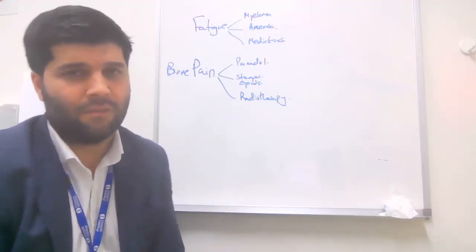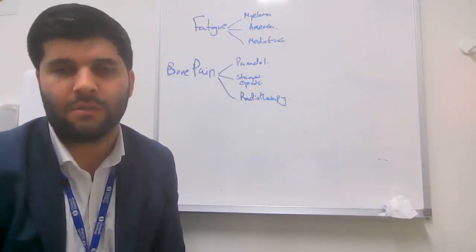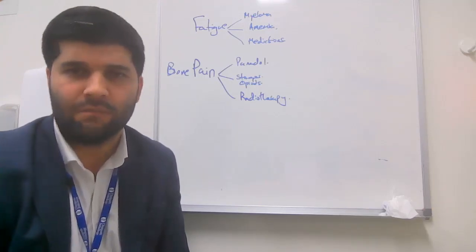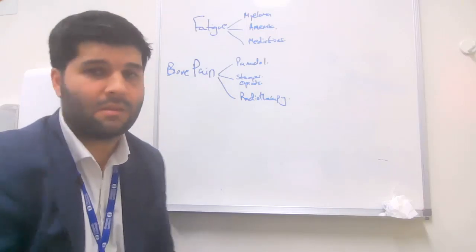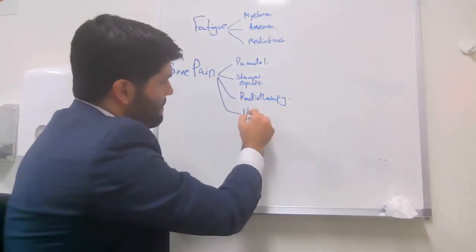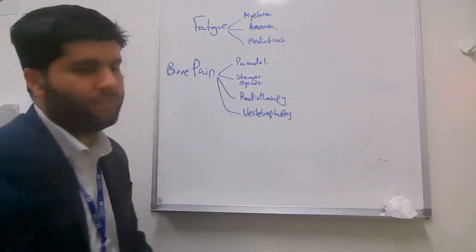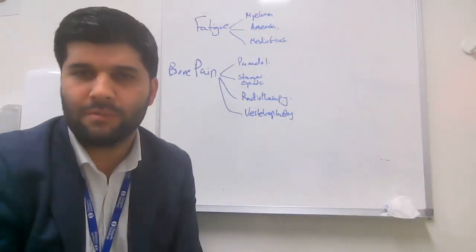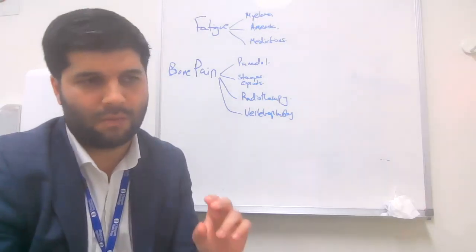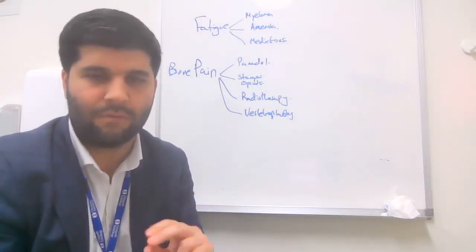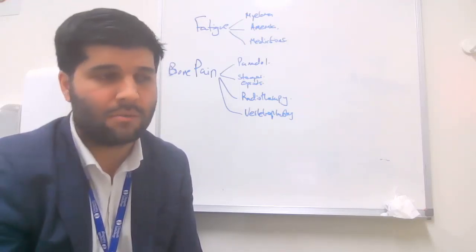And if none of these more simple measures like analgesia and mobility and physiotherapy help with the pain, you can consider something called a vertebroplasty, which involves essentially injecting a little bit of cement into the weak vertebral bones, or the ones that have fractured or been crushed, to try and help with pain relief, and sometimes that works.